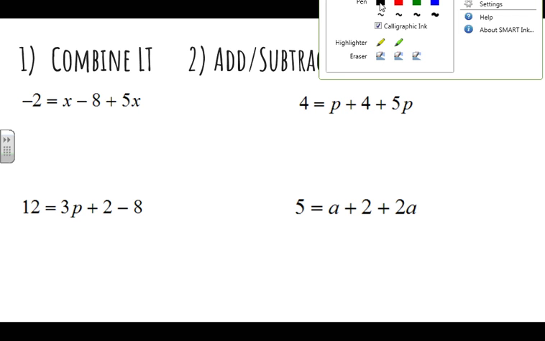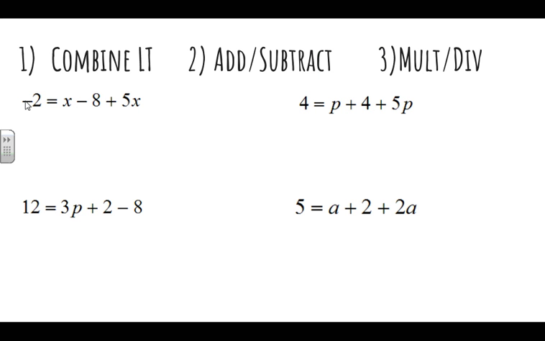Let's do that. All right, so for this problem, negative 2 equals x minus 8 plus 5x. So I'm going to rearrange things. So negative 2 equals x plus 5x minus 8. All right, so, oops, forgot my x. So when I combine my x's, I get that negative 2 equals 6x minus 8.